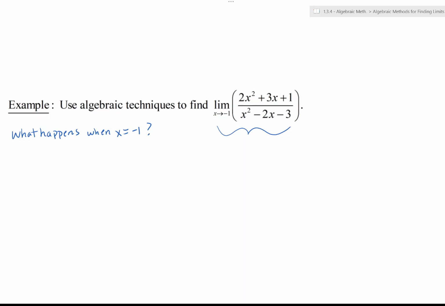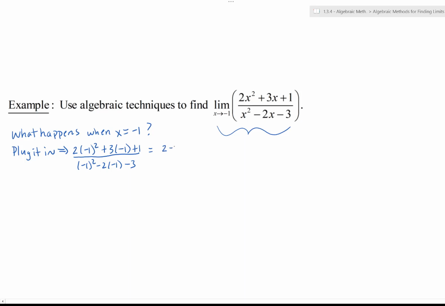Well, if I plug it in, what do we get? 2 times -1 squared plus 3 times -1 plus 1 in the numerator, all divided by -1 squared minus 2 times -1 minus 3. So what do we get?